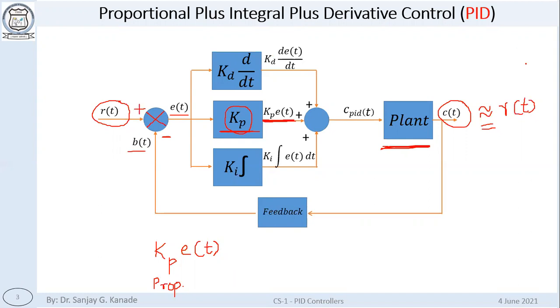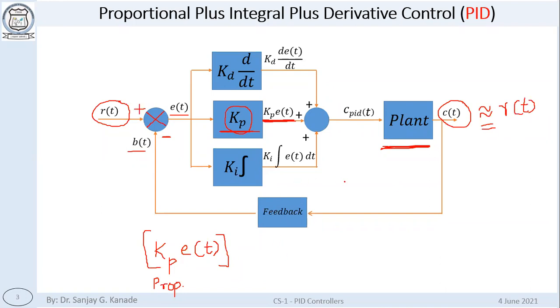Just a simple amplifier, right? An op amp also you can use as a simple amplifier where Kp is the gain of that amplifier. That's it. e of t will be the input, Kp into e of t will be the output. A simple electronic amplifier designed using any circuit components can also be used in this case. So as I said, this is the simplest form of the controller, Kp into e of t, which is called the proportional controller.